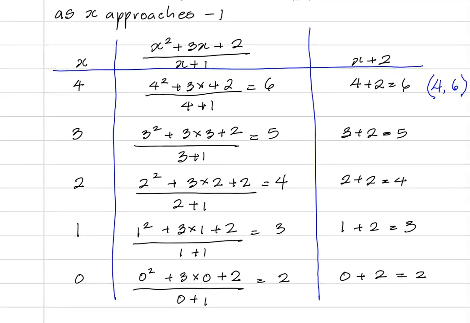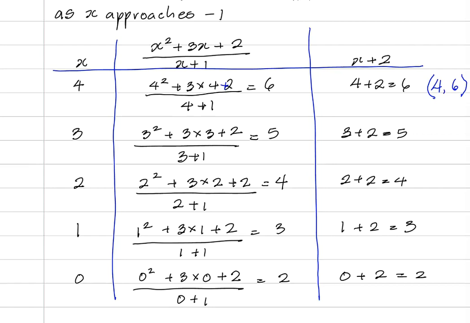We can see when x is 4, anywhere we see x we replace it with 4. We have 4 squared plus 3 times 4 plus 2, divided by 4 plus 1, and we get f of x equal to 6.